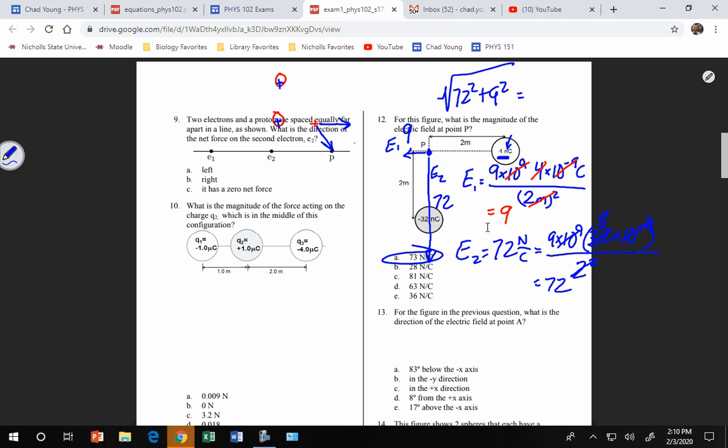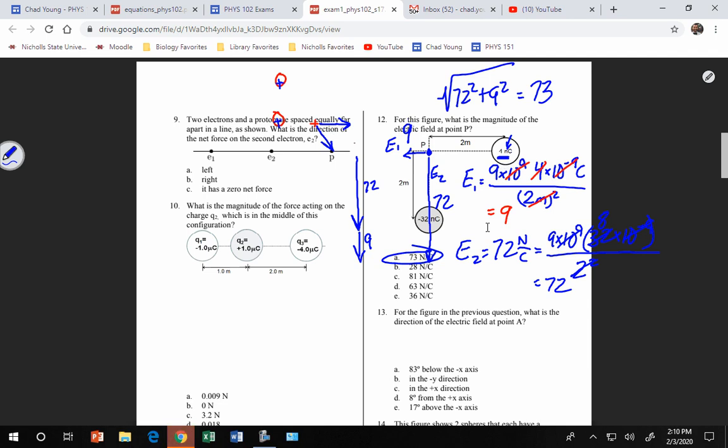But to be 81, the two vectors would have to lie along the same line. To be an 81 unit vector, I would have to have my 72 unit vector and my 9 unit vector lined up, so it would look like that and that. That would be an 81 newtons per coulomb vector. But you can do the Pythagorean theorem, that's fine, no shame in that. And that's equal to 73. Okay?